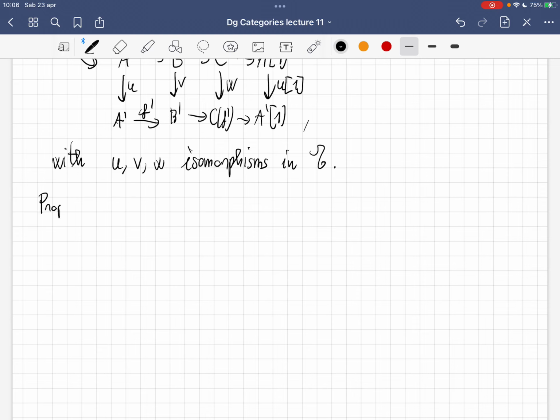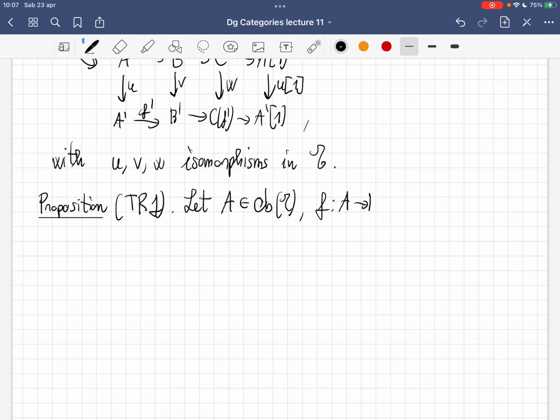So first we'll prove this, which I call TR1. What you have is an object and a morphism.